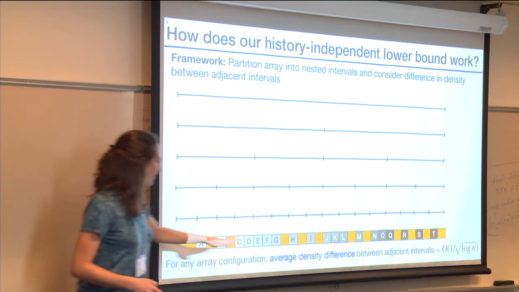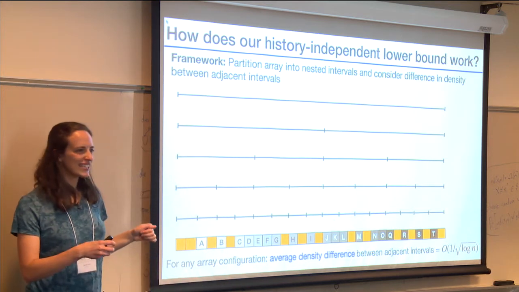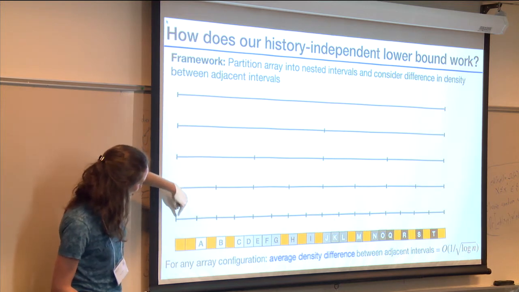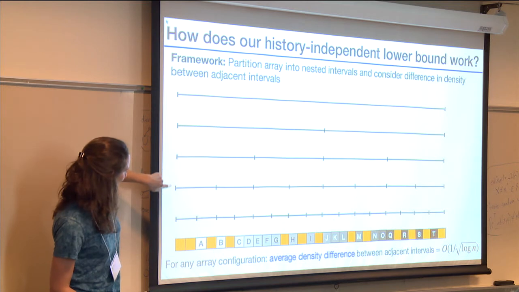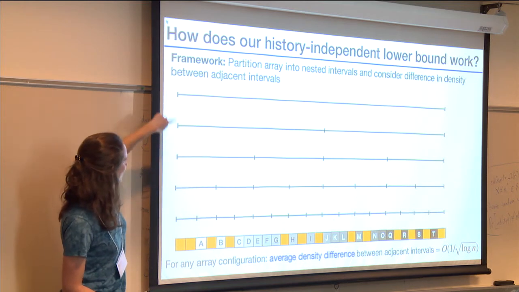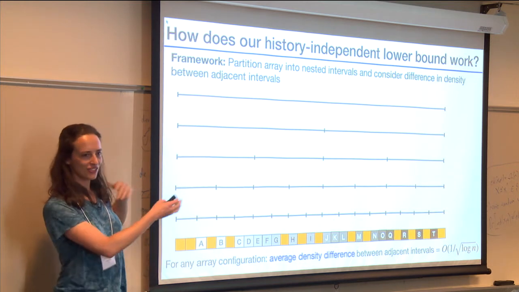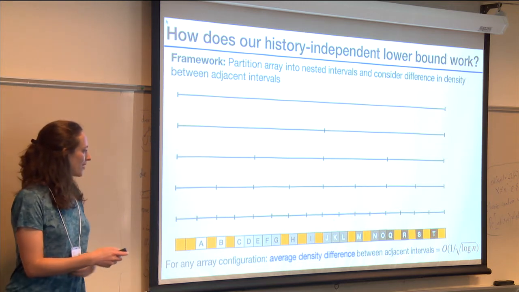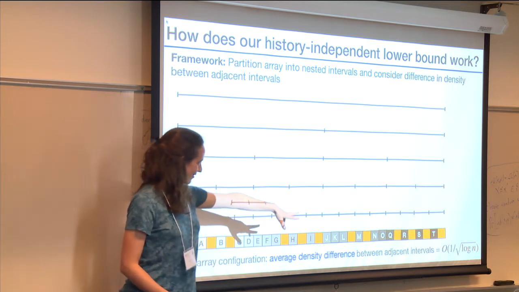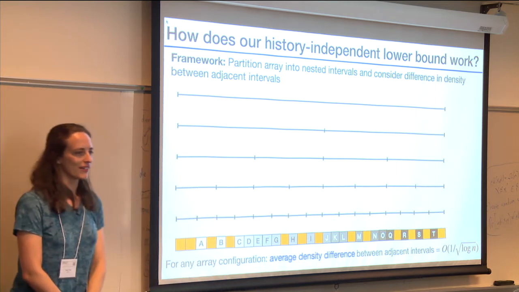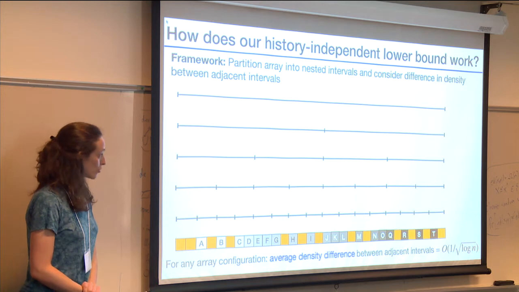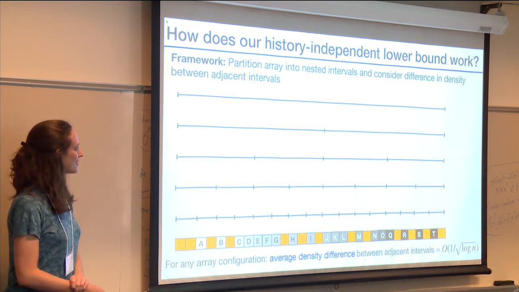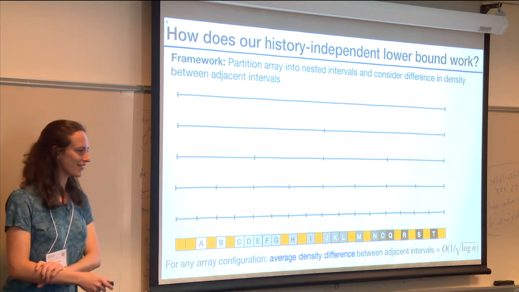And when I say average density difference, I'm taking a weighted average over all of these levels. I'm taking the average density difference on this level plus the average on this level plus all of them, and then dividing by the number of levels so that each level gives the same contribution. So that is where the square root log n comes from in the lower bound to get log to the 3/2 of n.